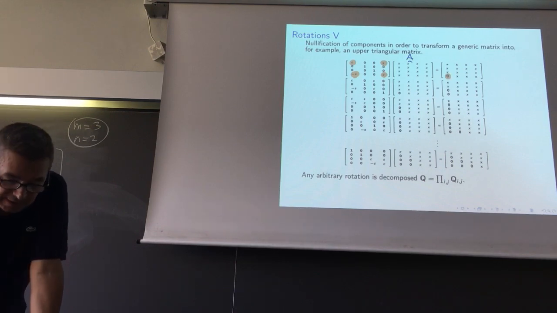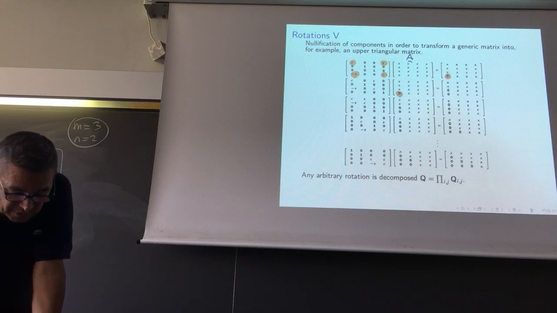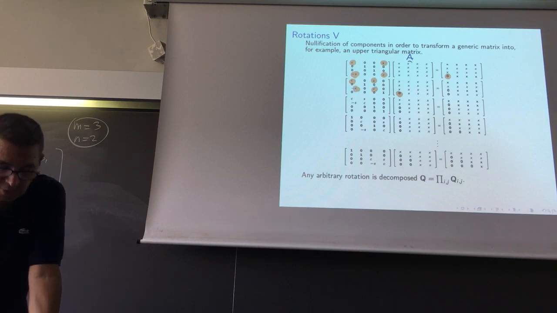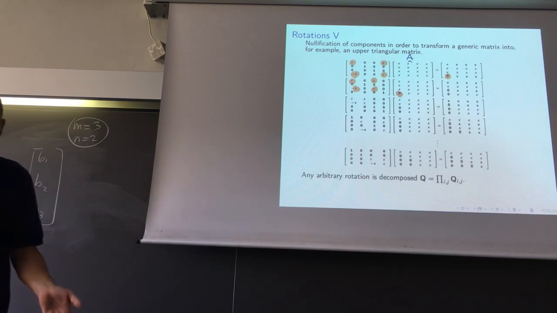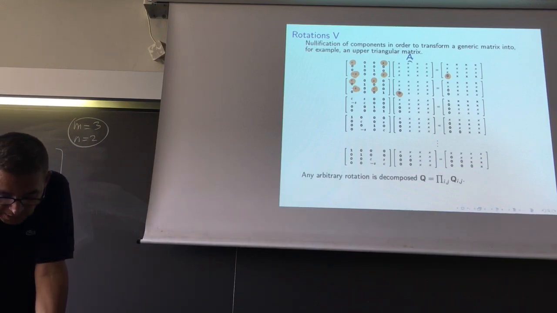So I repeat again. And then if this one is 0, then I apply cosine, sine, and I make a rotation with respect to another pair of angles. And then I impose that this one is 0. So that is 0.